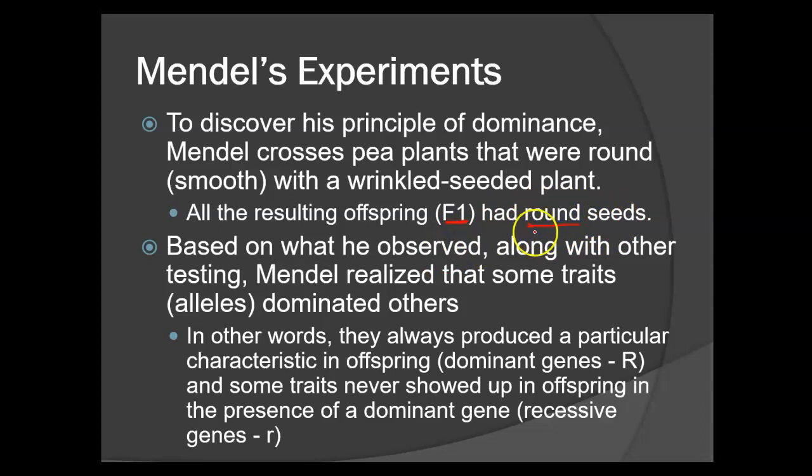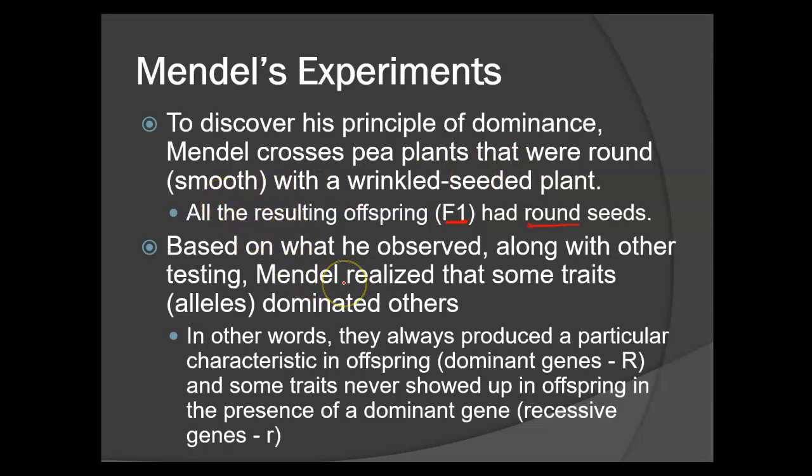So just pausing there and not going any further, I can conclude at this point that round seeds are dominant over wrinkled seeds, because if he took a round plant and a wrinkled plant and brought them together, and he did it a bunch of times, and every single offspring came out with round seeds, we can conclude that round seeds are dominant over wrinkled seeds.